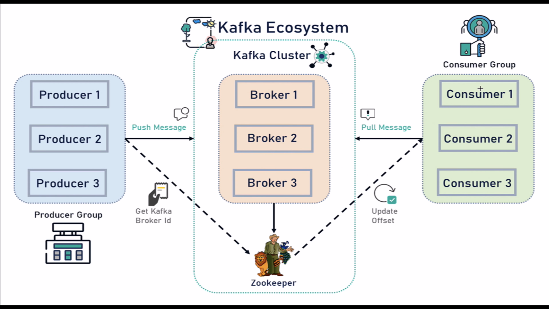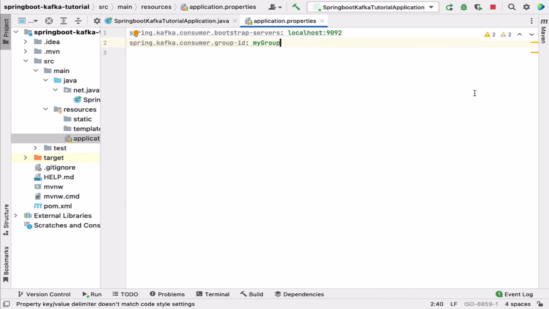It consists of multiple consumers like consumer 1, consumer 2, consumer 3, right? So we have to mention the consumer group ID which the consumer belongs to. So in our case, we are going to provide the unique group ID, that is my-group. Alright, I hope you understood the usage of this property, right? So we need to provide the consumer group ID which the consumer belongs to.